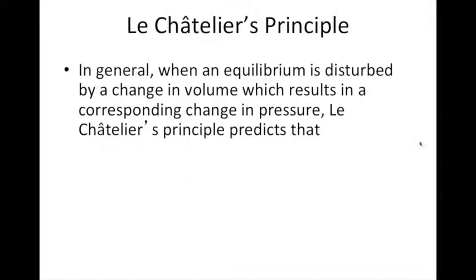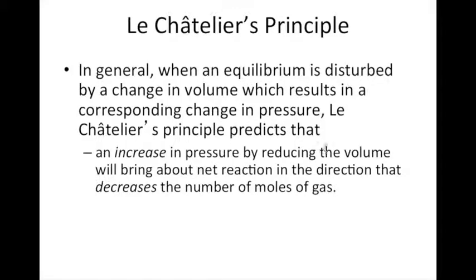So in general, when an equilibrium is disturbed by a change in volume, which results in a corresponding change in pressure, Le Chatelier's principle tells us that increasing the pressure by reducing the volume will bring about the net reaction in the direction that decreases the number of moles of gas.